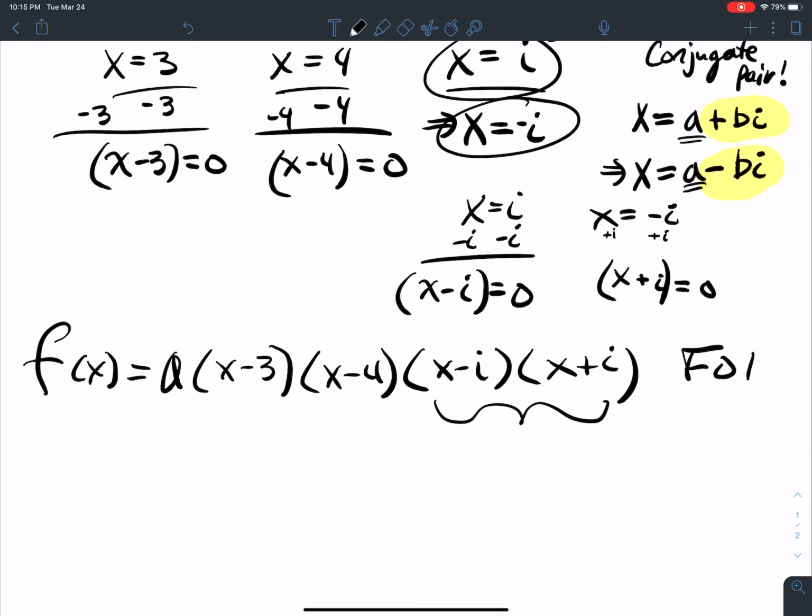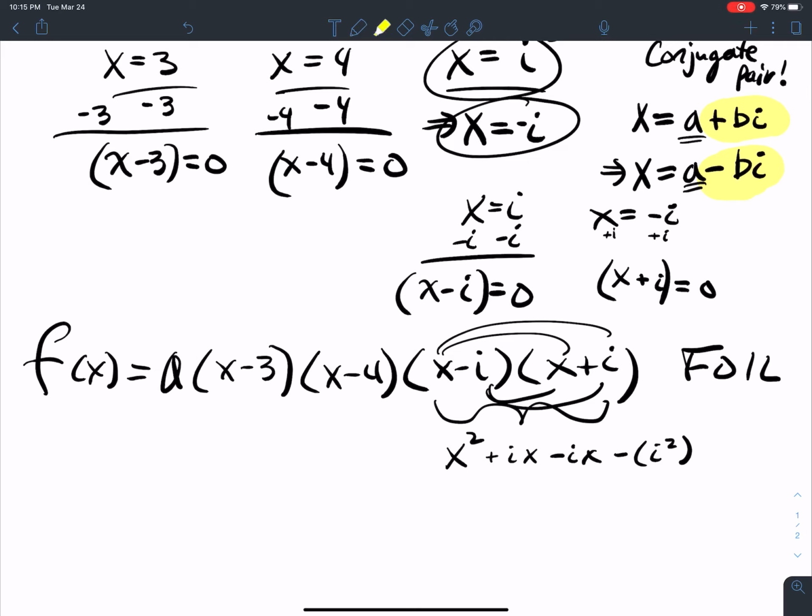FOIL: first, outer, inner, last. First is x times x, which is x squared. Outer, x times i, which is xi. Inner, minus xi. And then last, negative i squared. The good thing about when you multiply conjugate pairs is the imaginary component disappears.